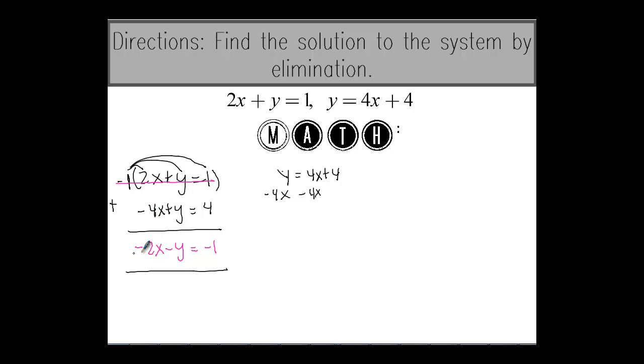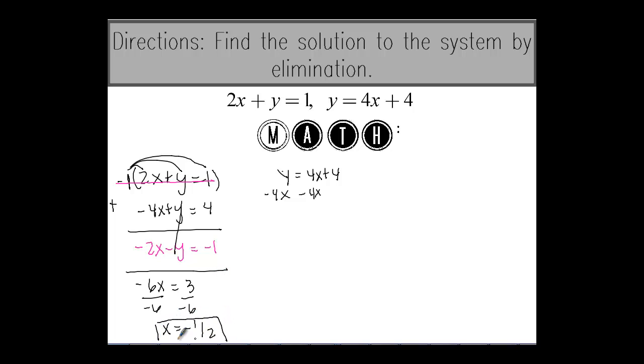Negative 4x and negative 2x makes negative 6x. Positive y and negative y when added cancel, which was my goal, and this is equal to 3. I divide both sides by negative 6, and x reduces to negative 1/2.